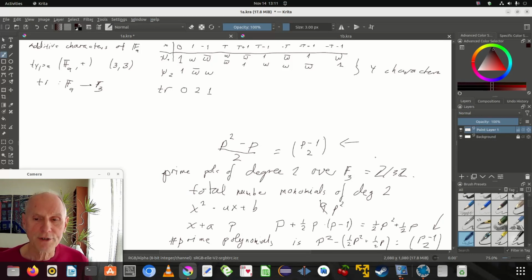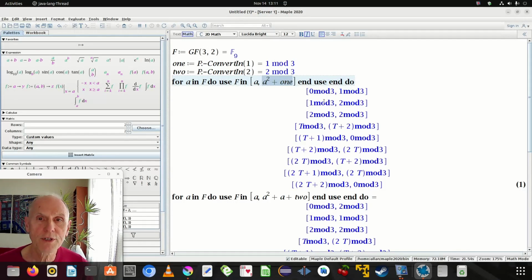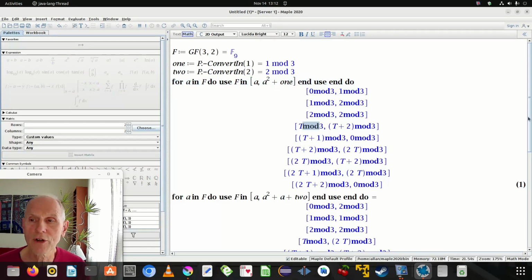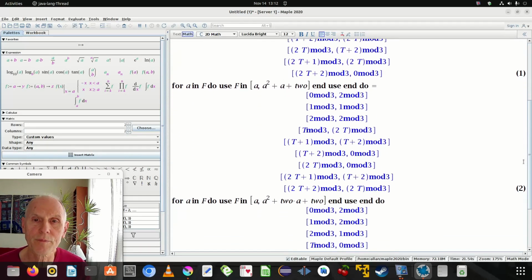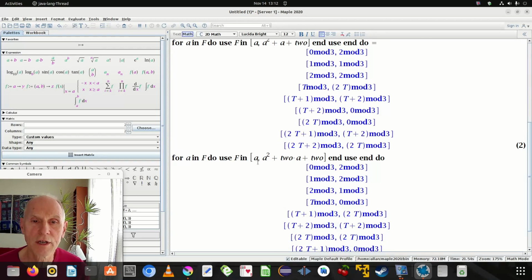Now, back to the trace of t, that's here. So that wasn't the right polynomial. I just let Mabel choose the polynomial here. Neither was this. This is the minimal polynomial of t.